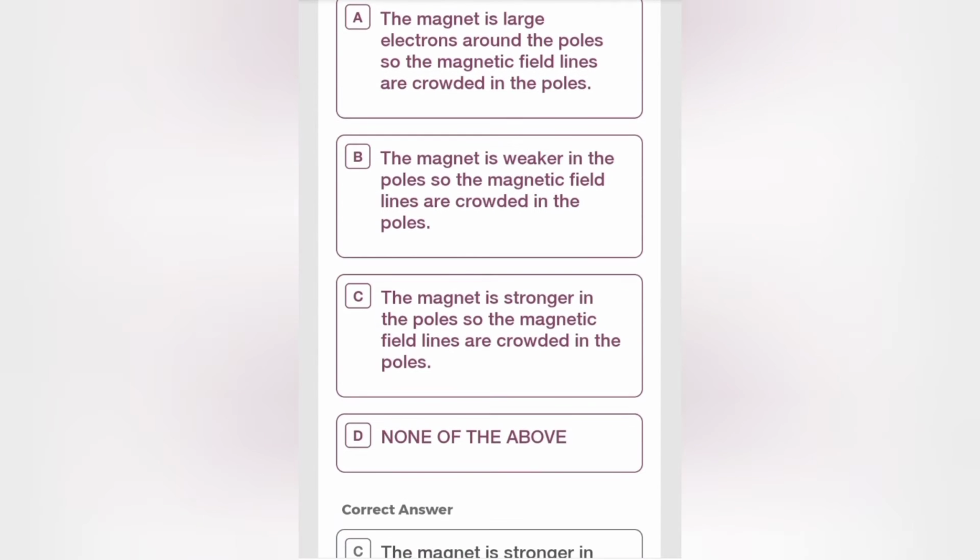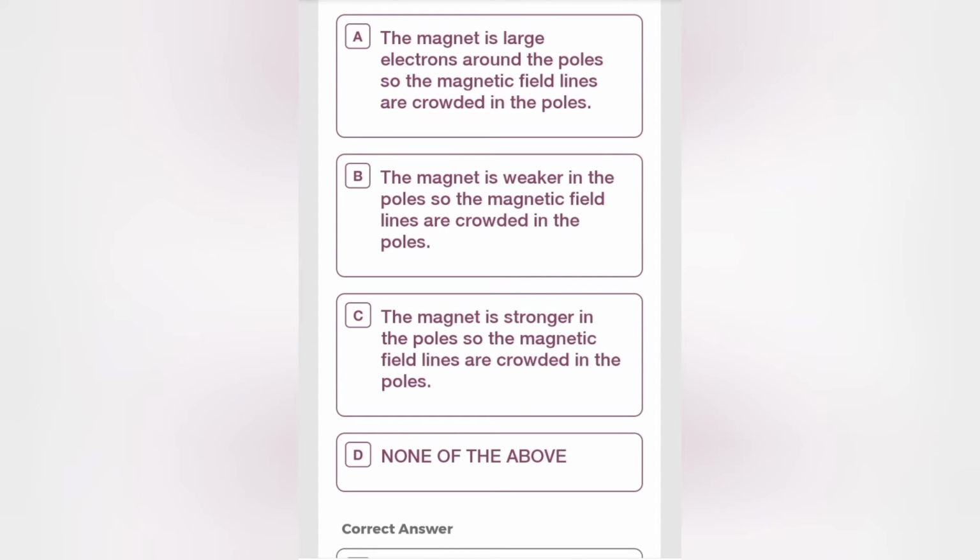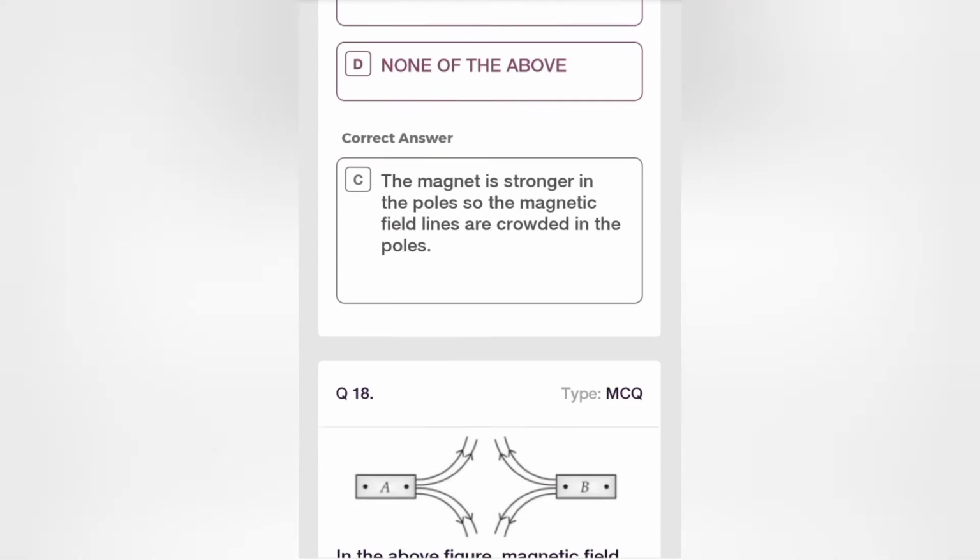Option C, the magnet is stronger in the poles, so the magnetic field lines are crowded in the poles. That's right. And option D, none of the above. Option C is the correct answer. The magnetic field lines are crowded near the poles, and it indicates that the magnetic field is stronger at the poles.